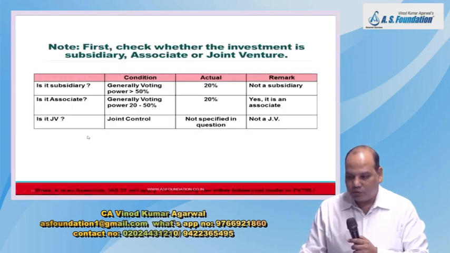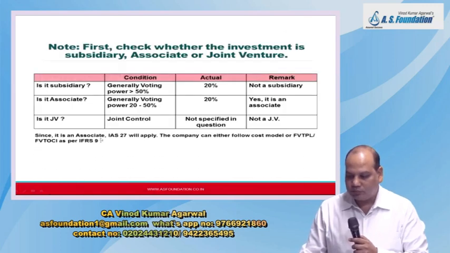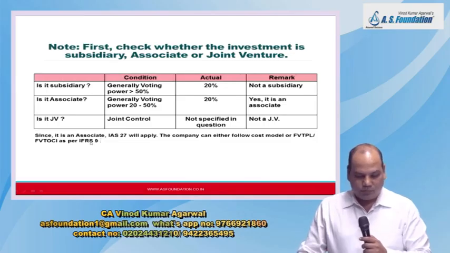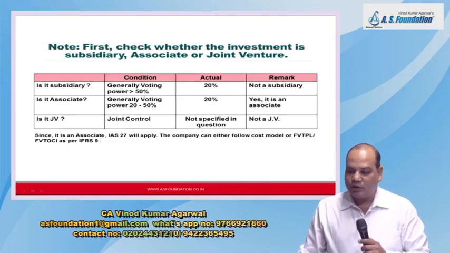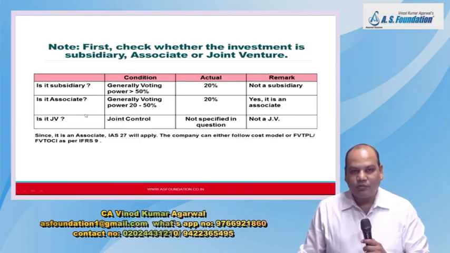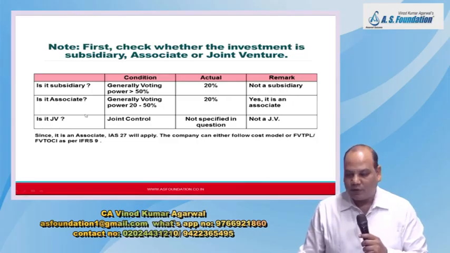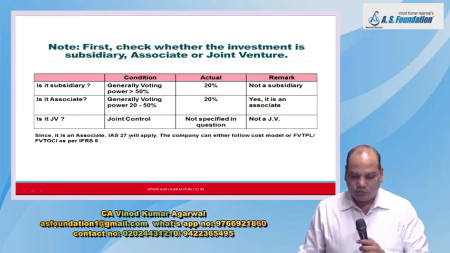If you follow only cost model, then just one accounting will be required. If you follow fair value approach, then every time there is a change in fair value, you have to record the change in fair value. So write a note. Since it is an associate, IAS 27 will apply.